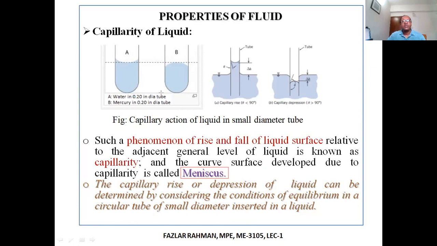That means I am just showing you the weight balance. By the weight balance, you can figure out how much surface tension is there. Again, condition of equilibrium, which comes from your engineering mechanics that you learned last year. Okay.